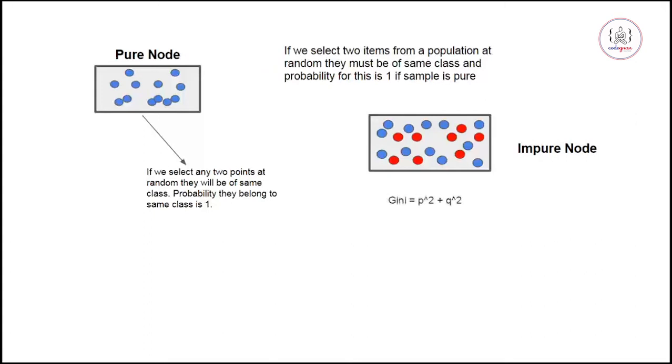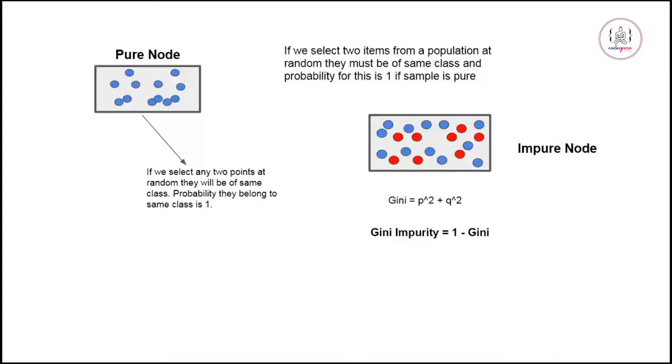So here your Gini is equal to p square plus q square, where p is the probability of finding blue circles and q is the probability of finding red circles. You calculate the Gini impurity to find out how impure your node is, and it is given by 1 minus Gini.